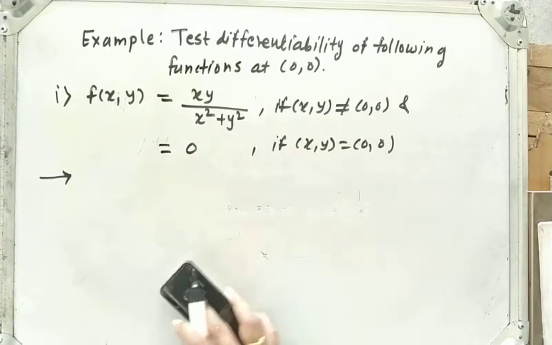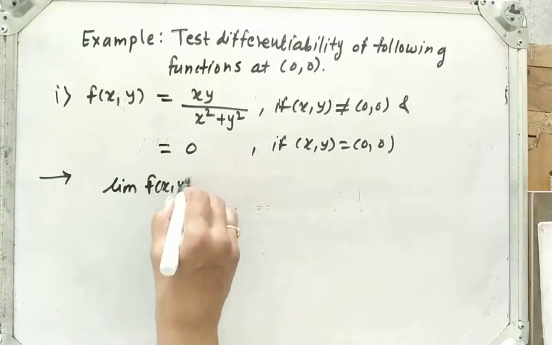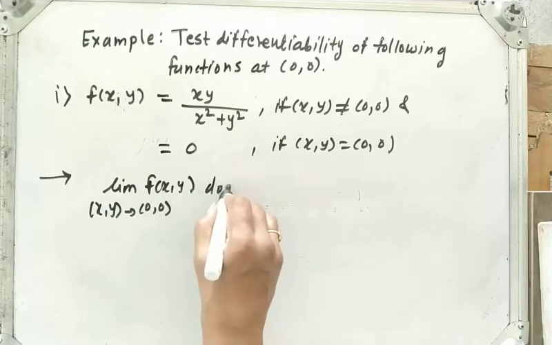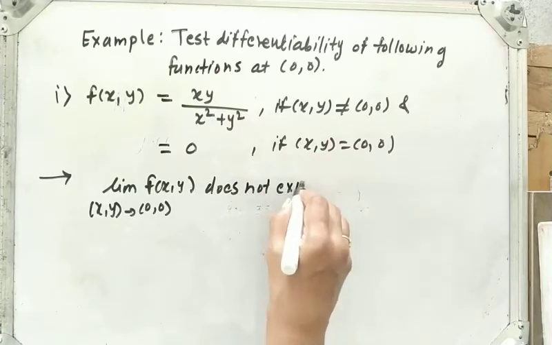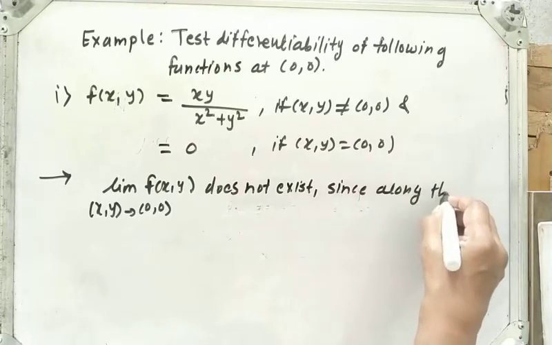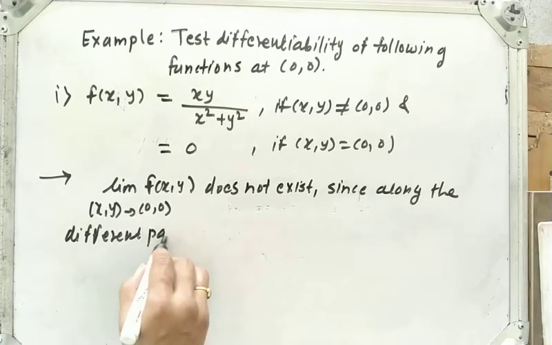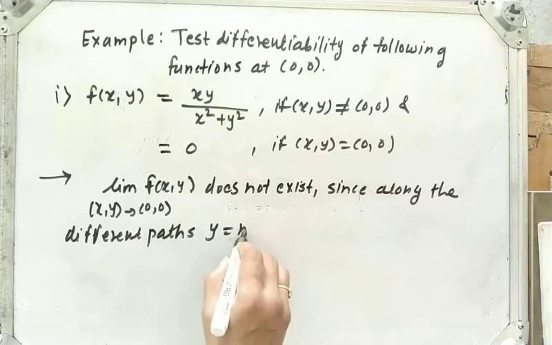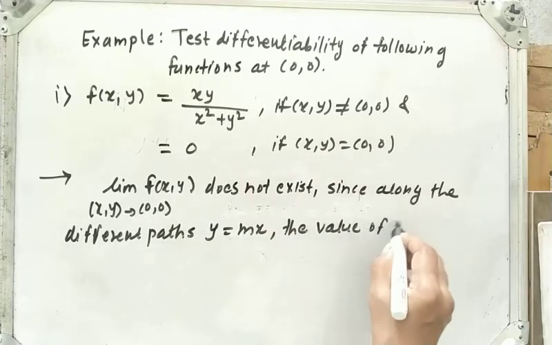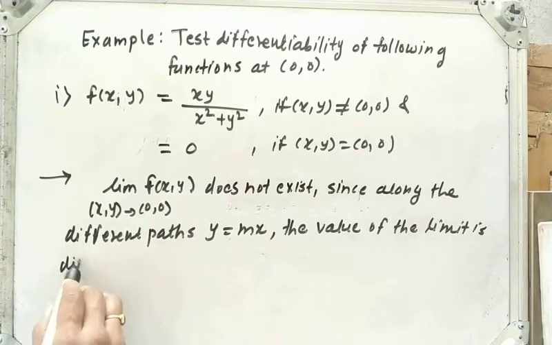So let us write it down. Limit of f(x, y) as (x, y) tends to (0, 0) does not exist since along the different paths y equal to mx, the value of the limit is different.